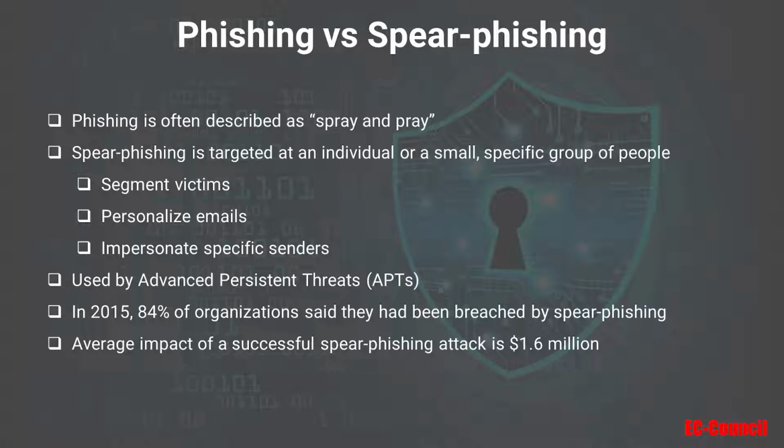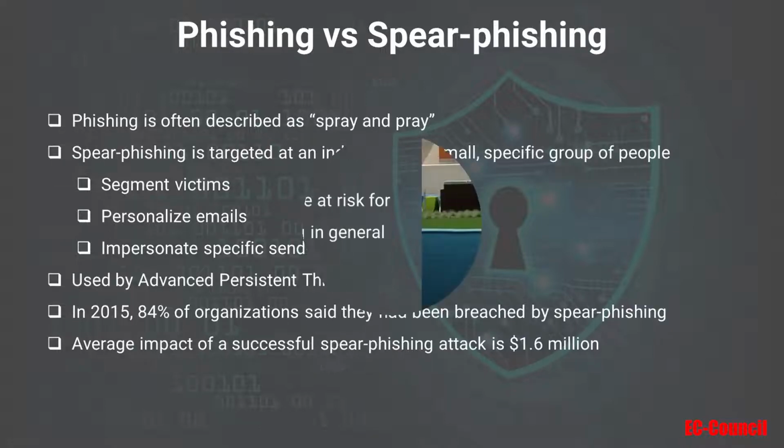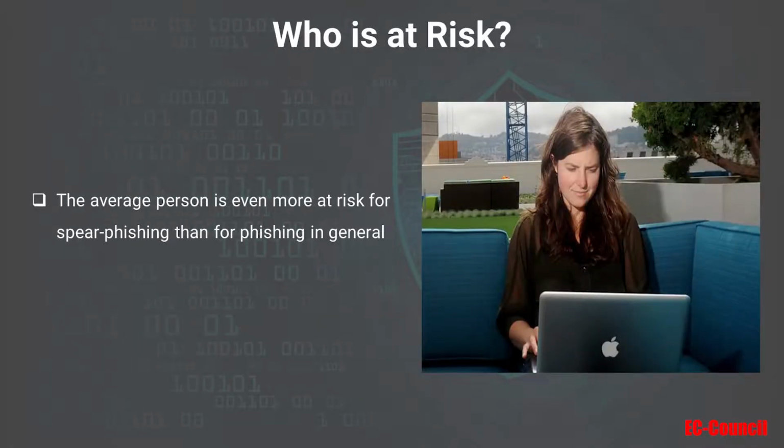Spear phishing is surprisingly effective. In 2015, 84% of organizations said they had experienced a breach due to spear phishing. Spear phishing is also surprisingly devastating. The average impact of a successful spear phishing attack is $1.6 million. So who is at risk for a spear phishing attack? Spear phishing attacks are far more successful than the untargeted efforts of generic phishing emails.